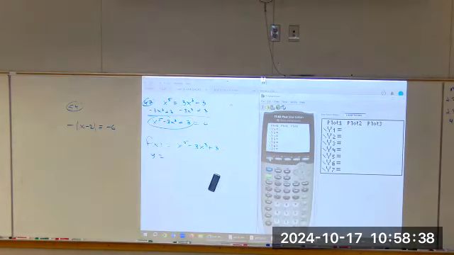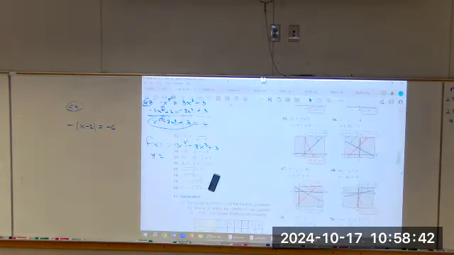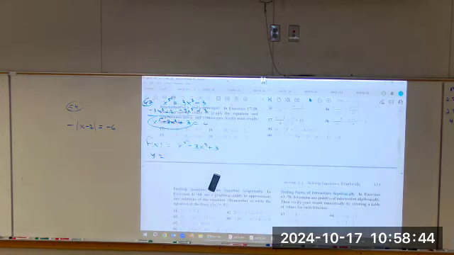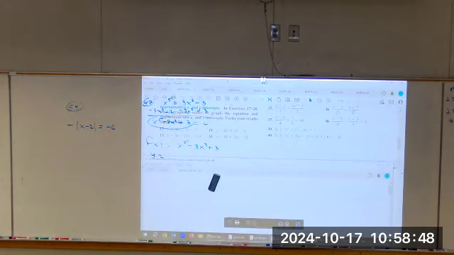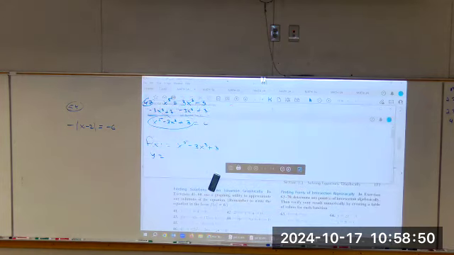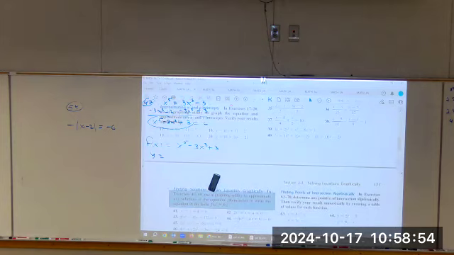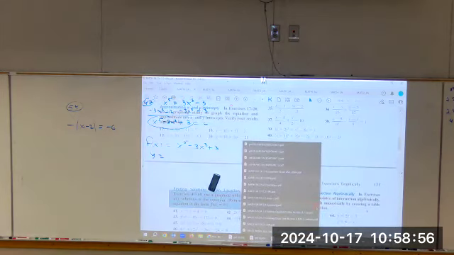And that's what they mean when they say in the directions, remember to write the equation in the form of f of x equals 0.